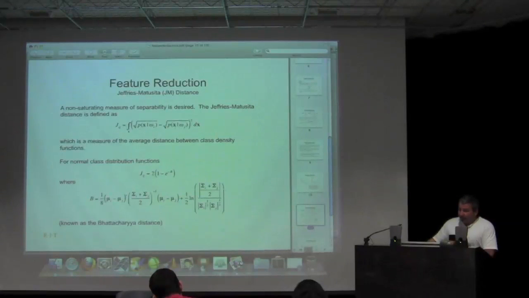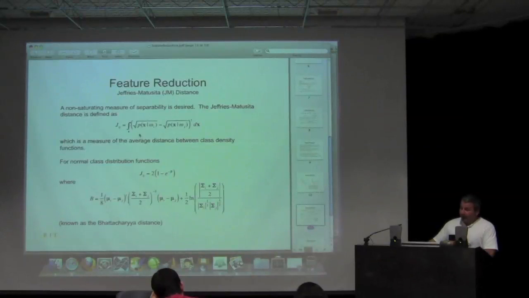Well, it's the difference between probabilities, just like we had before in that likelihood ratio. We had a difference between the logs of probabilities. Here we just have the difference between the square root of the probabilities, squared. And we do that over all x between two probability distributions for two separate classes. And that's going to be this measure J sub ij.